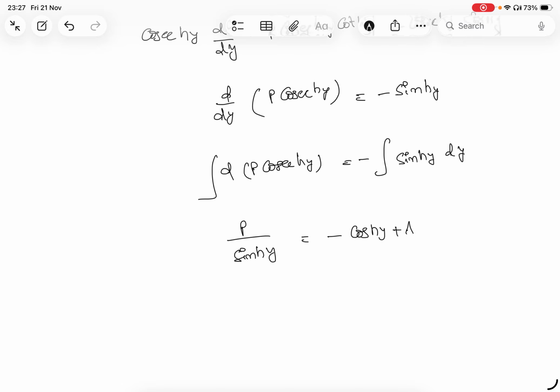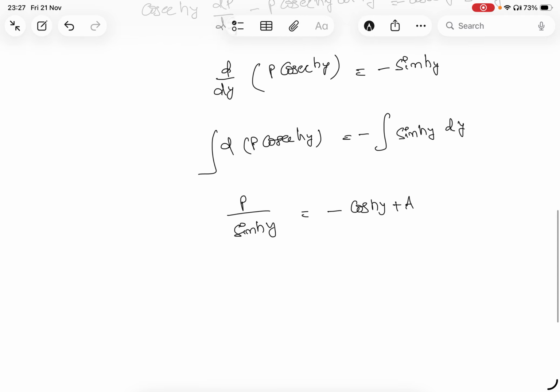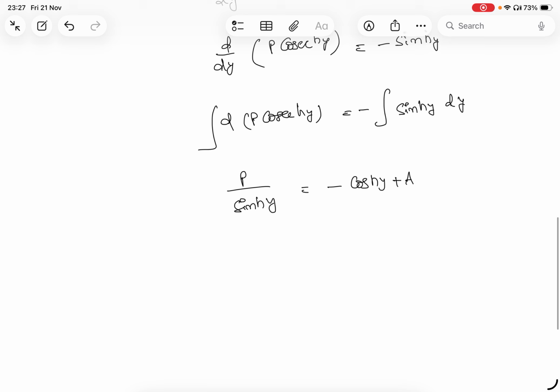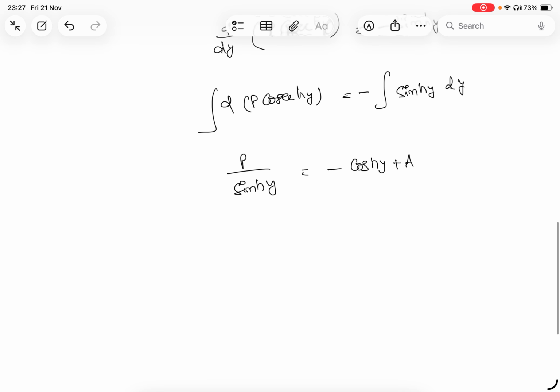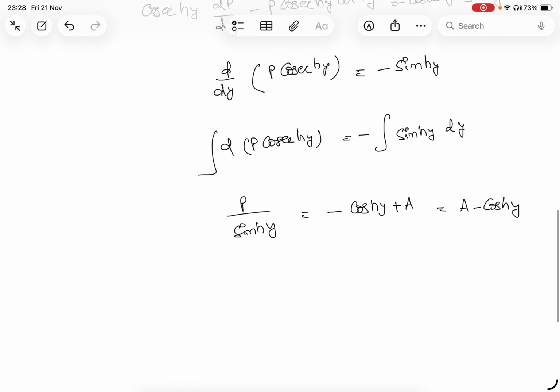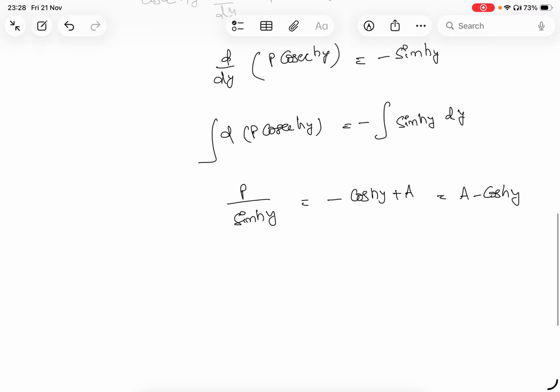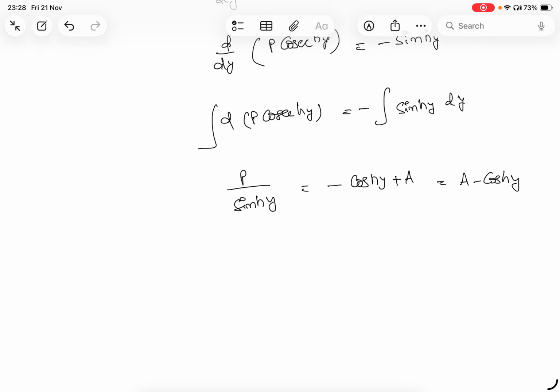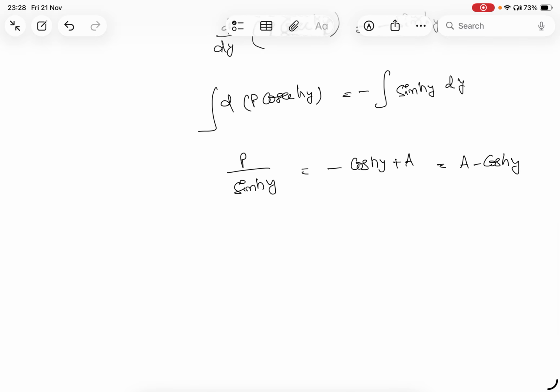Let's suppose there is some constant a, which belongs to R. Just write it as a minus cosh y. Now you need to simplify it further.